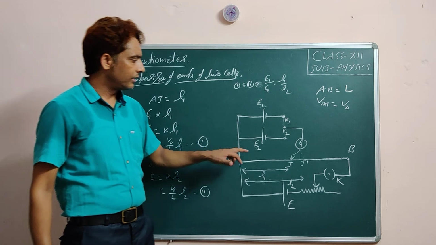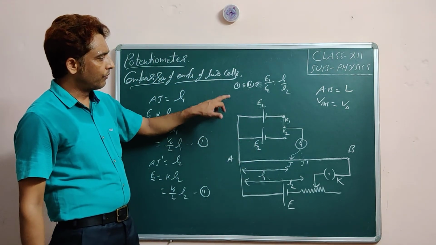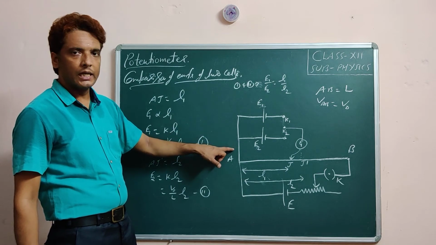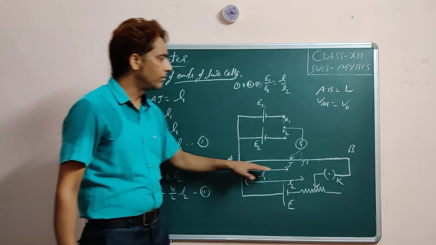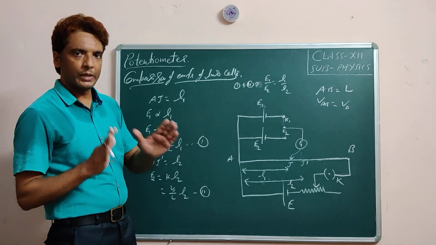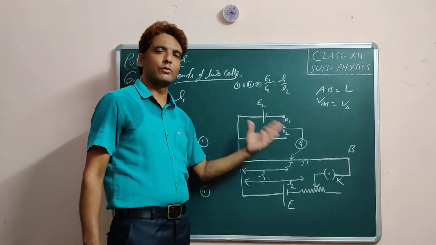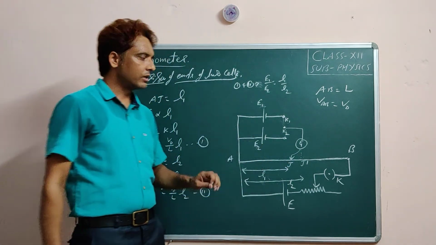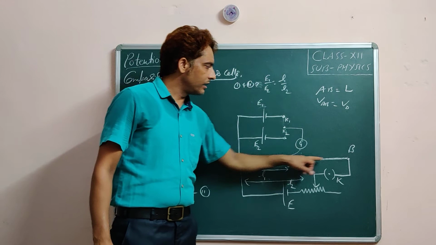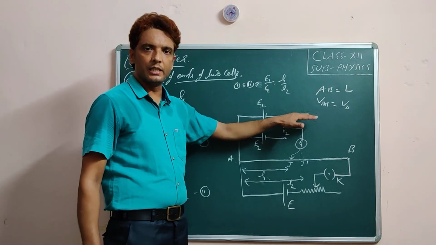Practically, instead of one wire, we use 4 wires in series, and each wire has a length of 1 meter. We can also use more than 4 wires, but the length of one wire is 1 meter and these wires are connected in series.